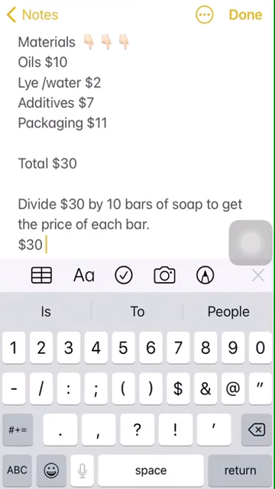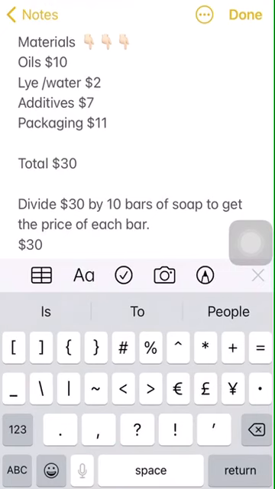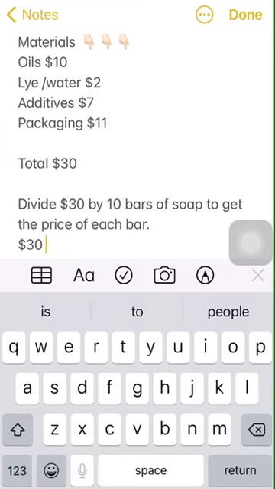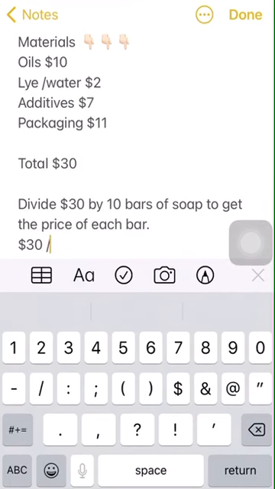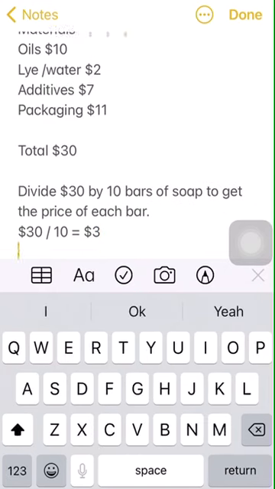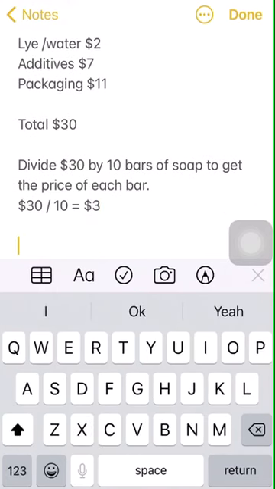Oh wow, is it my eyes that cannot see well? Let me just use the forward slash. So divided by 10 bars, that will be equal to $3. So it means just for materials alone, one bar of soap is $3. That is the materials that can make one bar of soap will be $3.